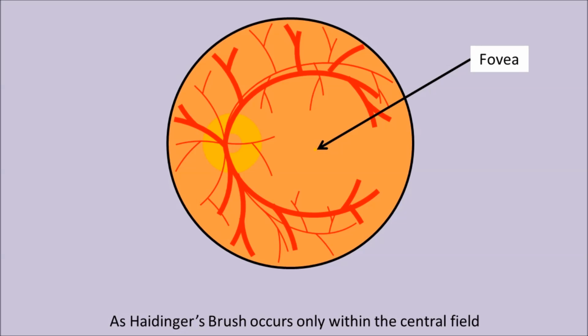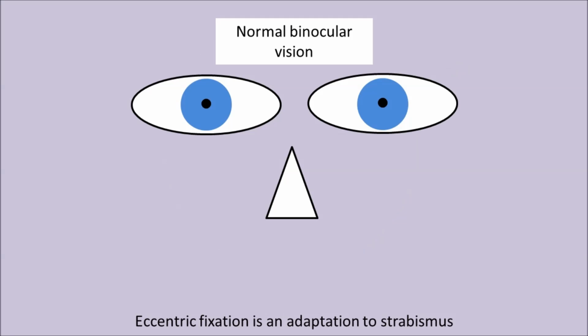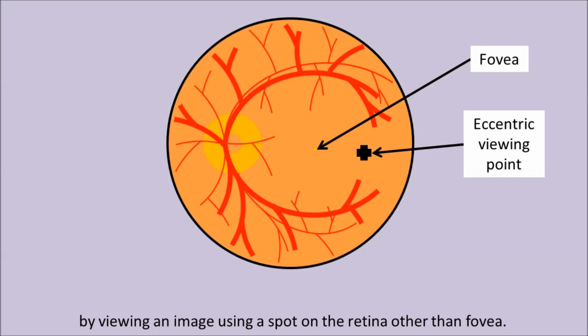As Heidinger's brush occurs only within the central field which is projected by the fovea, it can be manipulated during our examinations to detect and treat eccentric fixation, which occurs in patients with strabismus. Eccentric fixation is an adaptation to strabismus by viewing an image using a spot on the retina other than the fovea.